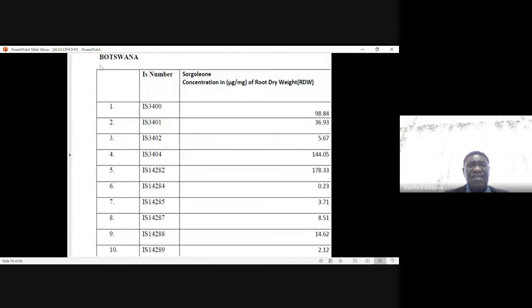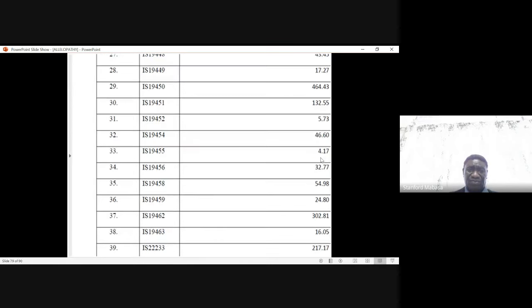Now, these are the varieties, sorghum genotypes from Botswana. Remember, he was doing it for the whole SADC. Now, these are some of the sorgoleone concentrations. The idea was to try and identify a sorghum which can produce a lot of these so that it could be recommended for weed control. So you can see these are variable.